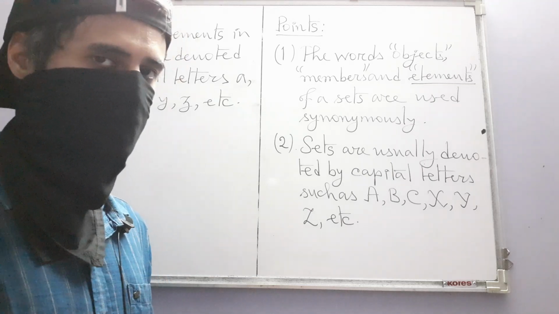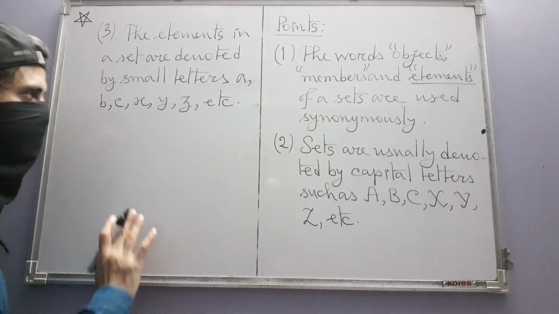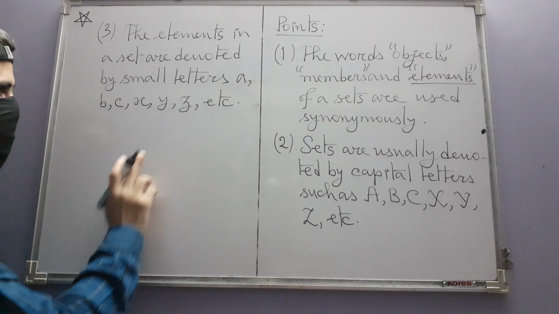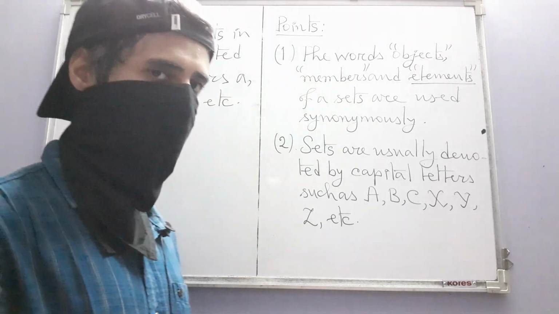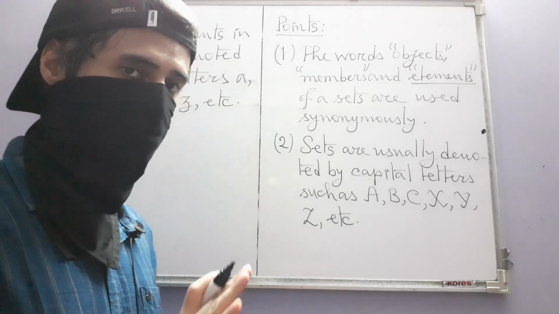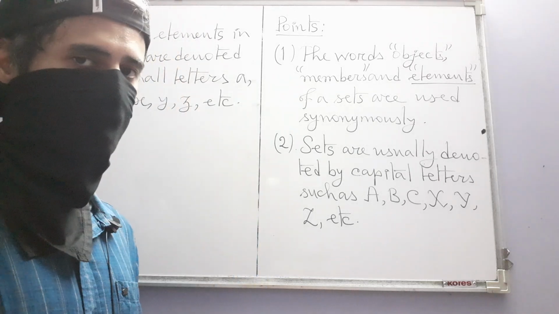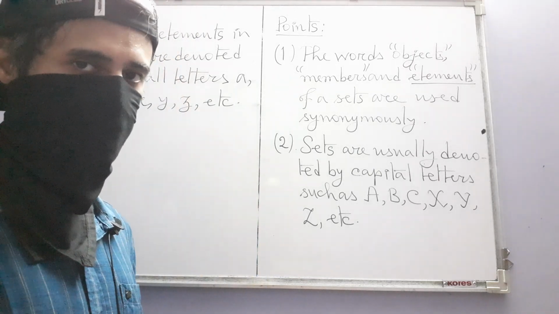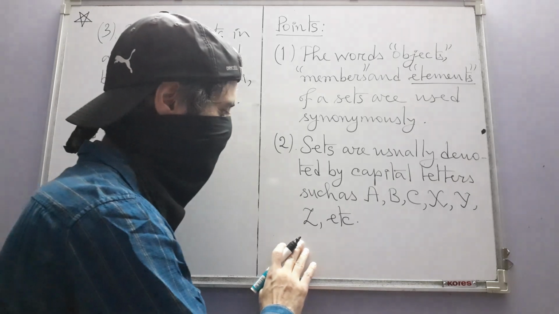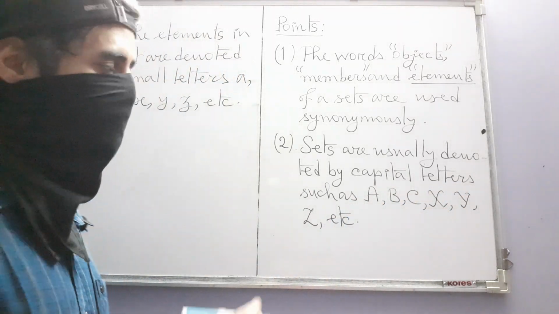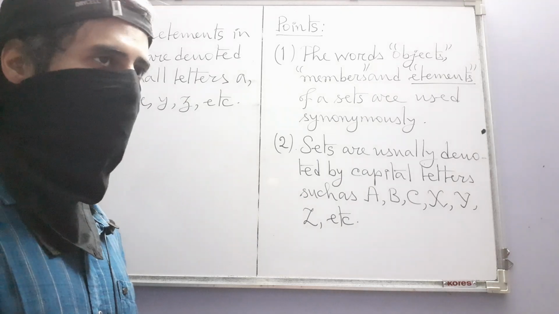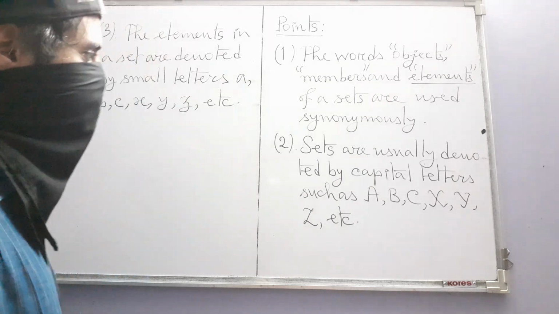So it happens, for some reason. Elements, however, are consistently denoted with small letters only, but there are exceptions to this also. Right now, we do not have to think about those exceptions. For us, capital letters mean sets and small letters mean elements in sets.